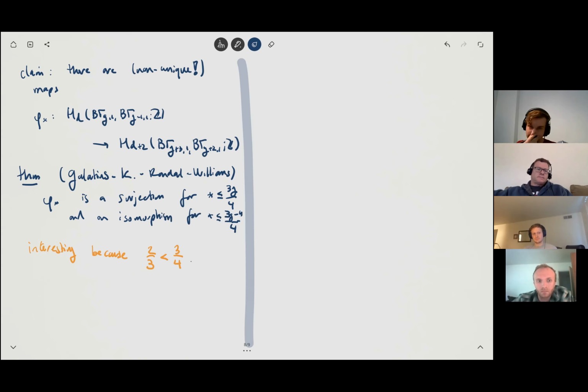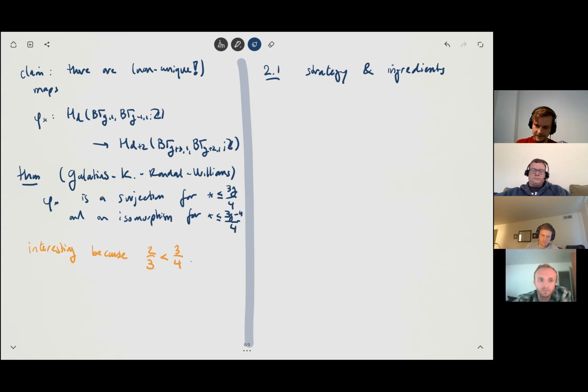Okay, so in the last 13 minutes, I want to give some sense of the strategy or the ingredients for proving a result like this, because it uses somewhat high-powered homotopy theory. Okay.